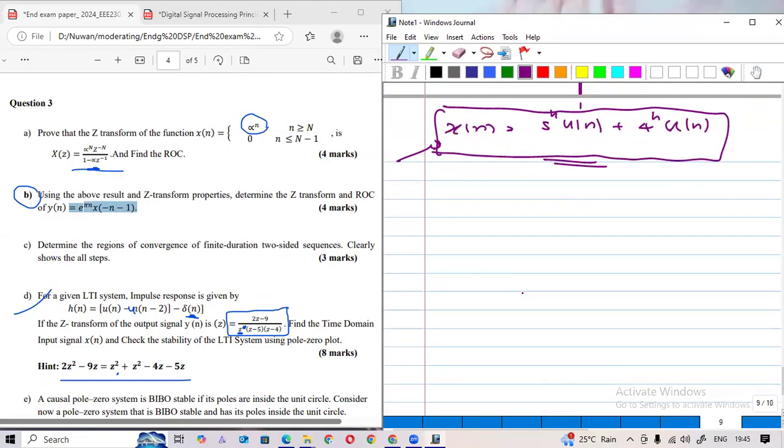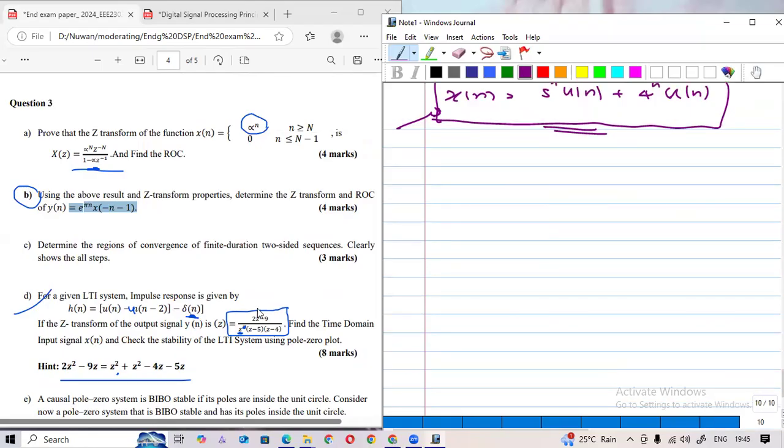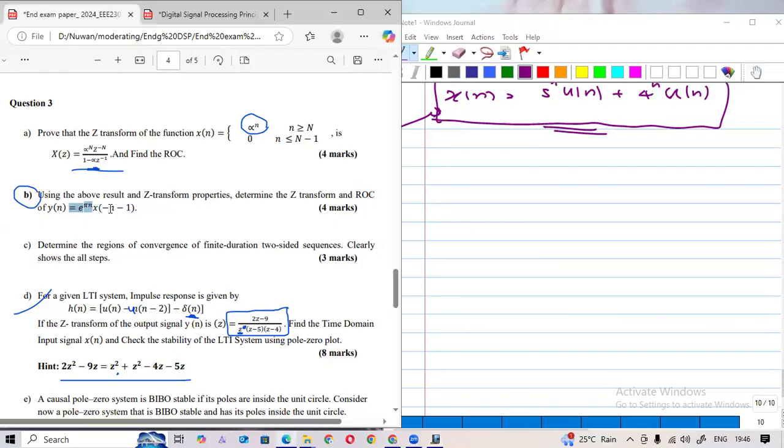If you have any problem you can ask me, so don't get confused. So here the full question is there. Here you are going to evaluate this using Z transform properties. In previous years we had time to cover these transform properties, but this semester we don't have much time.